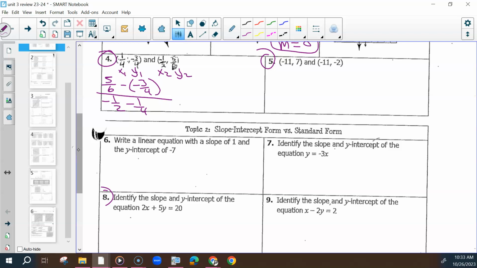We have to get common denominators for both the numerator fractions and the denominator fractions. What is a number that 6 and 4 both go into? 12. So I can multiply this fraction by 3, both parts, and this fraction by 2, both parts.